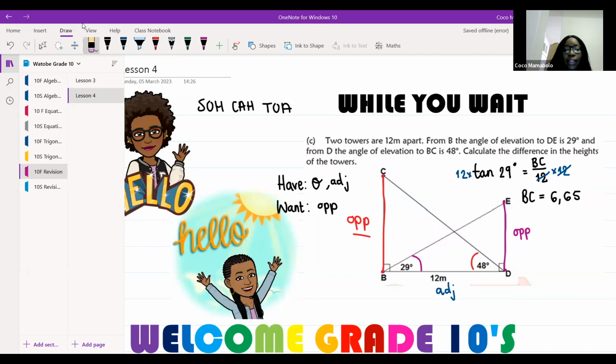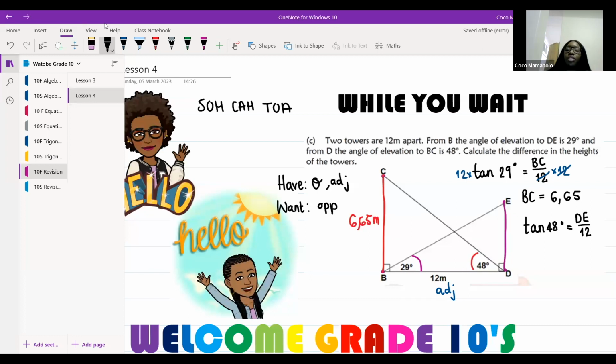Okay. And then somebody said to me, ma'am, why don't we use the 48 also? We're going to. We just figured out that this side is 6,65 meters tall. Now we need to figure out what D is. So we're going to do exactly that. Tan of 48 degrees is equal to my opposite, which is DE, over adjacent, which is 12.